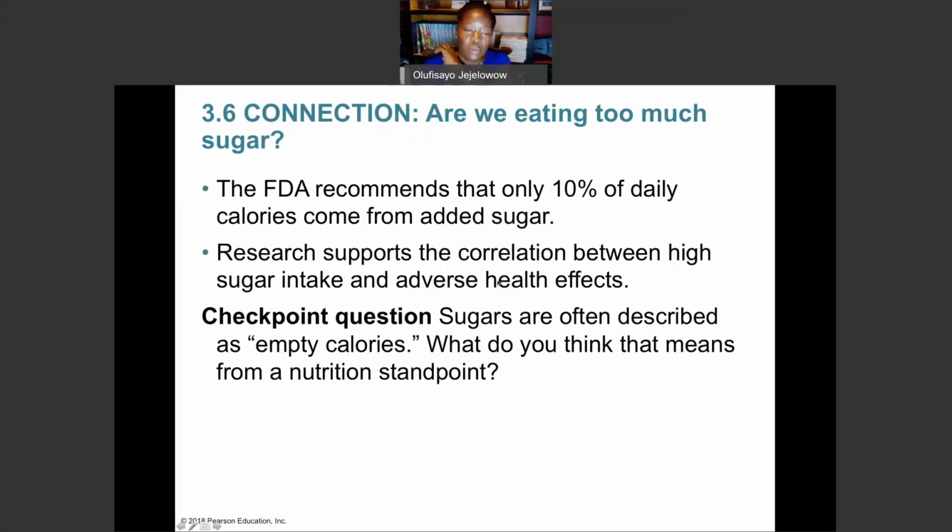Some of the people suffering even the comorbidities from this pandemic are complicated from their past experiences of sugar and conditions such as diabetes, according to the CDC. Sugars are often described as empty calories. What do you think that means from a nutritional standpoint? Remember your checkpoint questions and email.